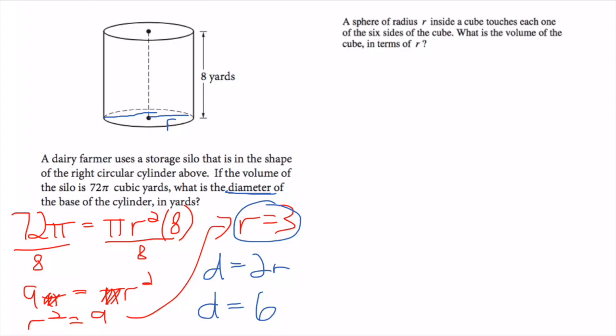Okay, so a sphere of radius r inside a cube touches each one of the 6 sides of the cube. What is the volume of the cube? So a sphere inside a cube. I'm going to draw it in 2 dimensions.